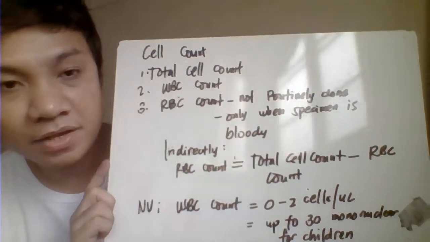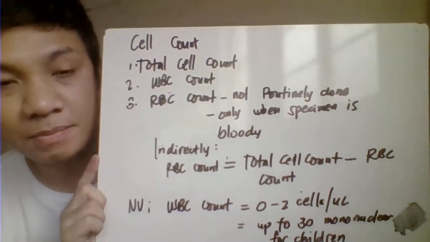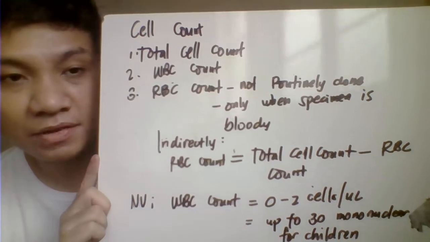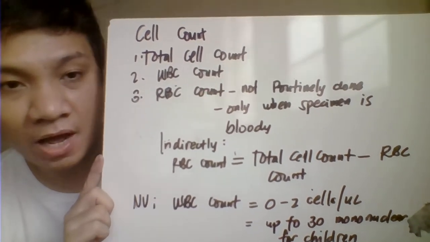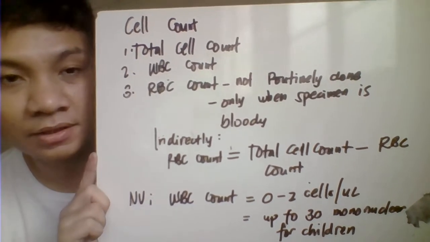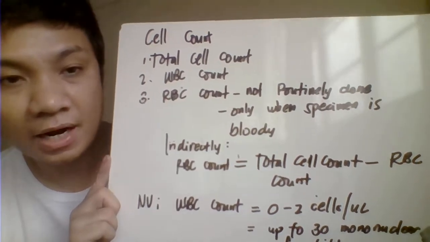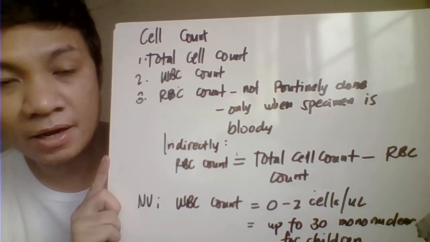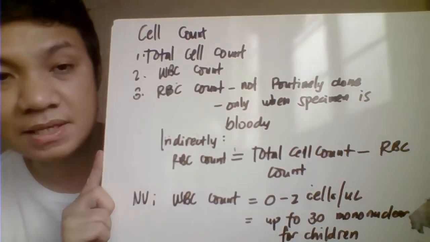Okay, the next one is the cell count. The cell count of CSF is done as a total cell count. You could also have a WBC count and an RBC count. But routinely we do not perform the RBC count.